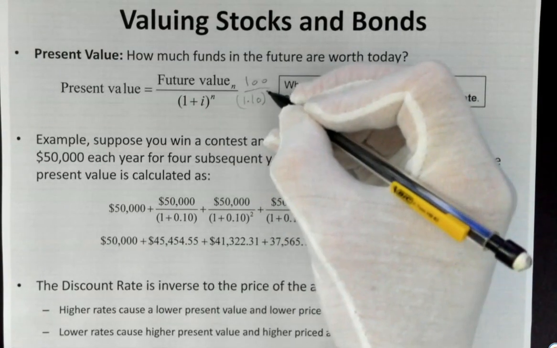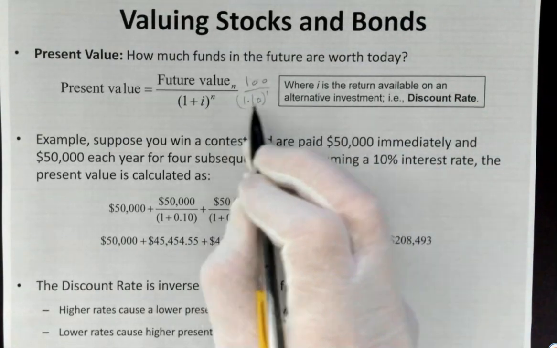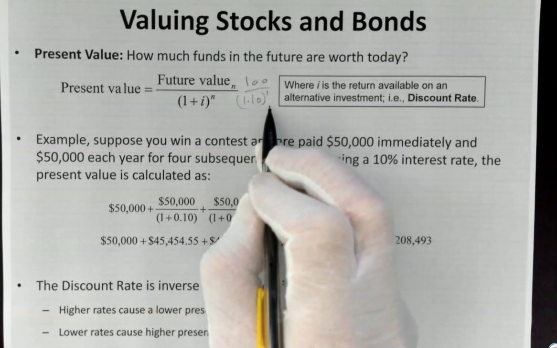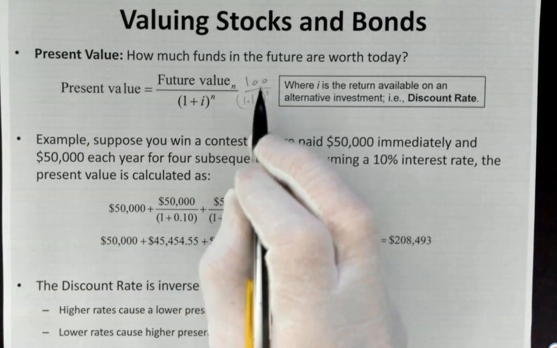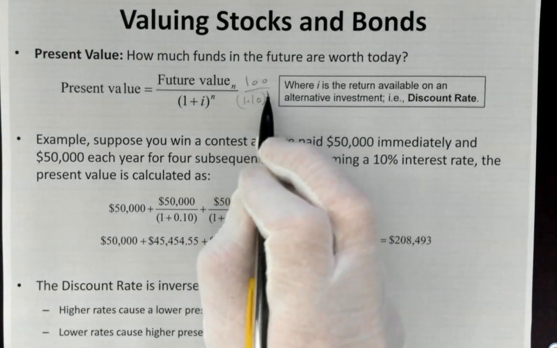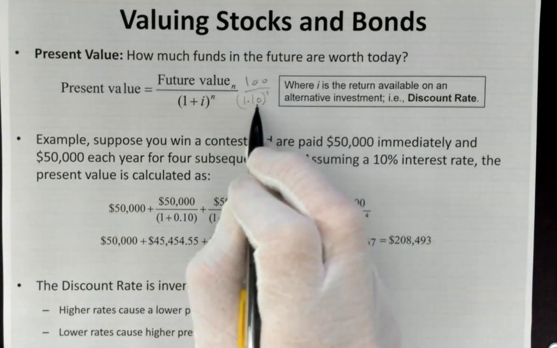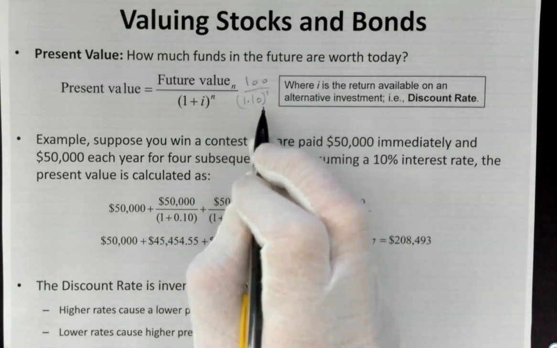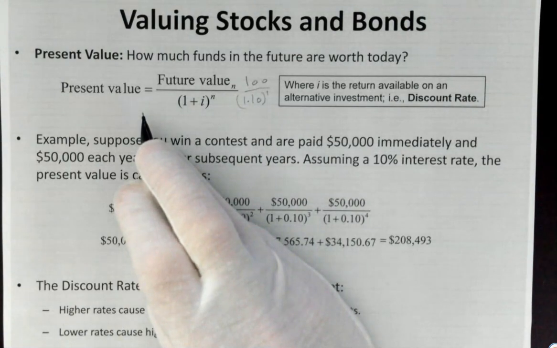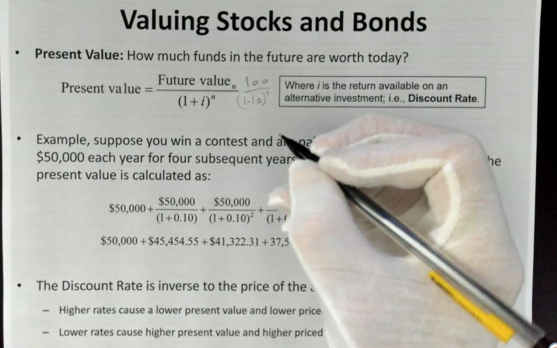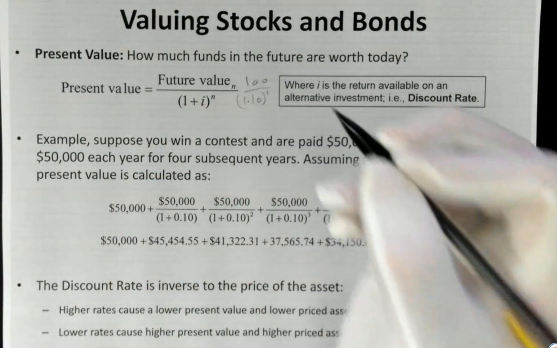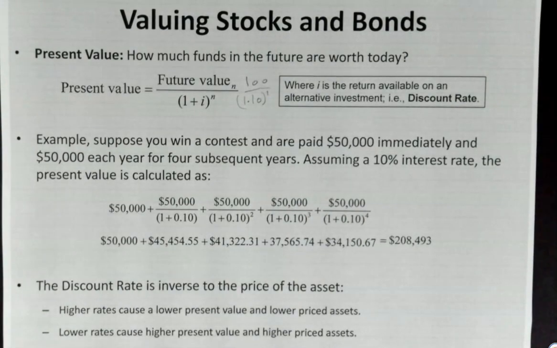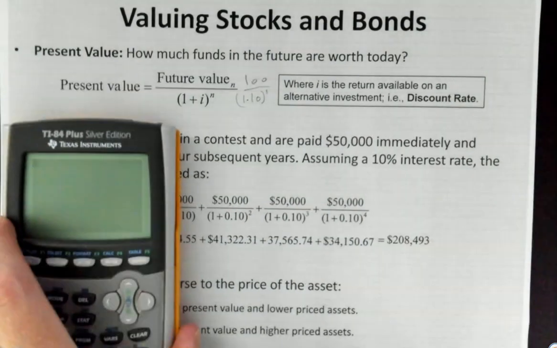And we would take that to n, which is the year in which that future payment is going to be made. So because this $100 is going to be received 1 year from now, and the return that you could earn on that $100 is 10%, then this is the formula that we would use to determine how much that is worth today. If you do the math, you would have 100 divided by 1.1, and I can use my calculator for this.